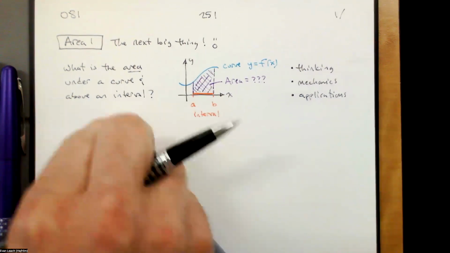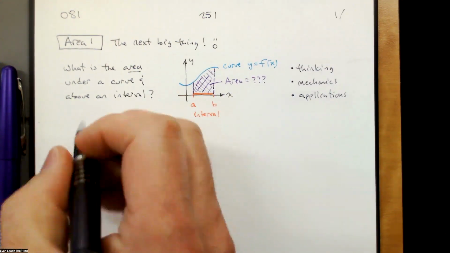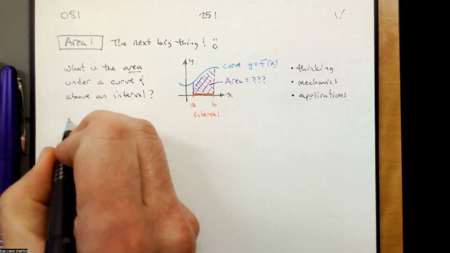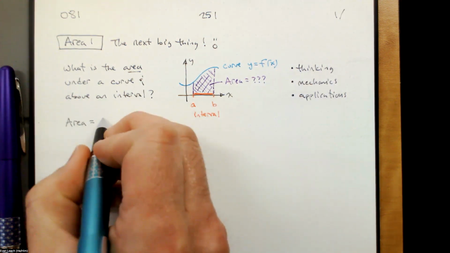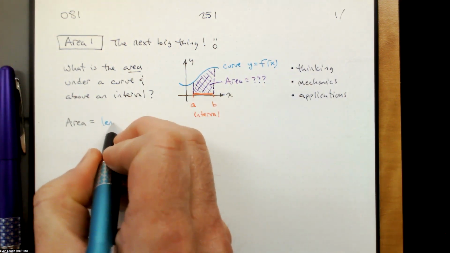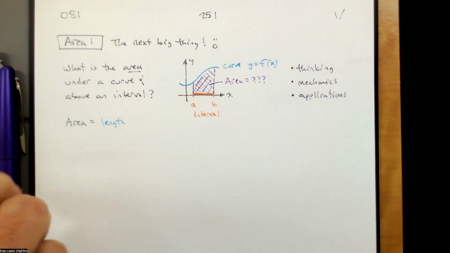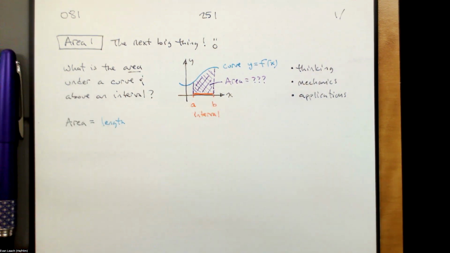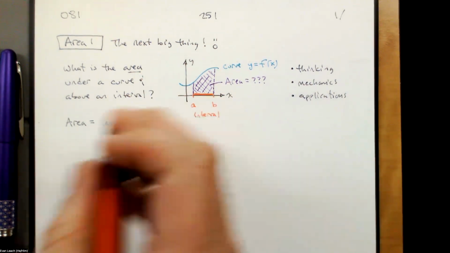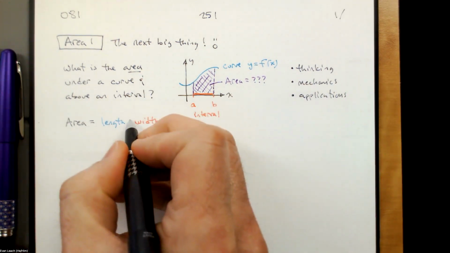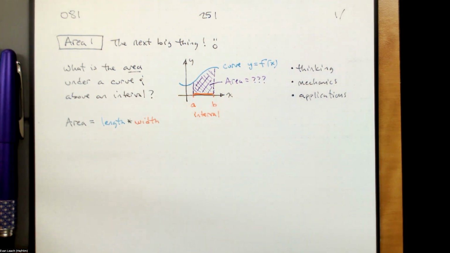Area is length times width. This is the only formula for area that we need.